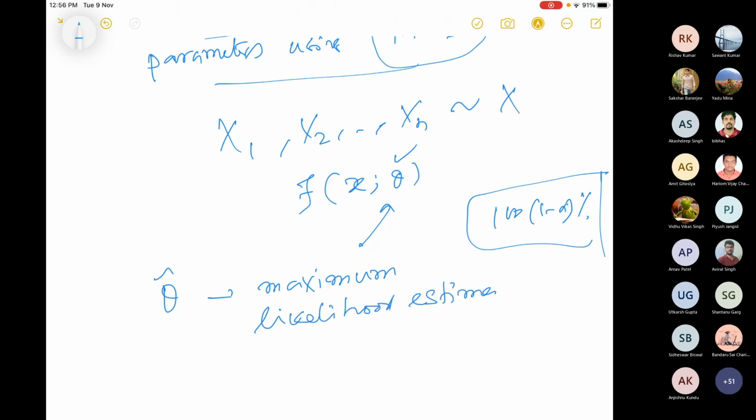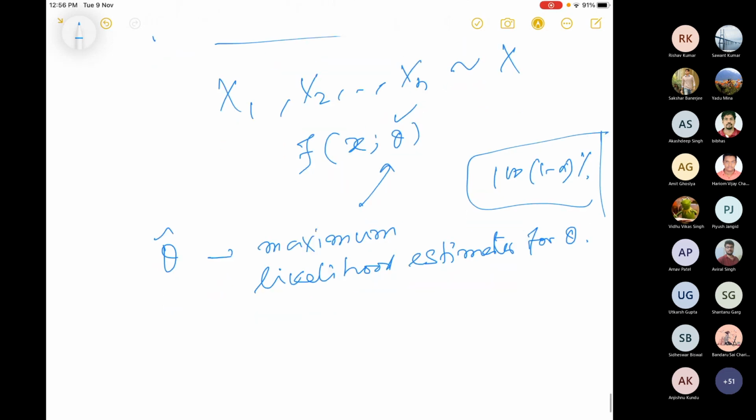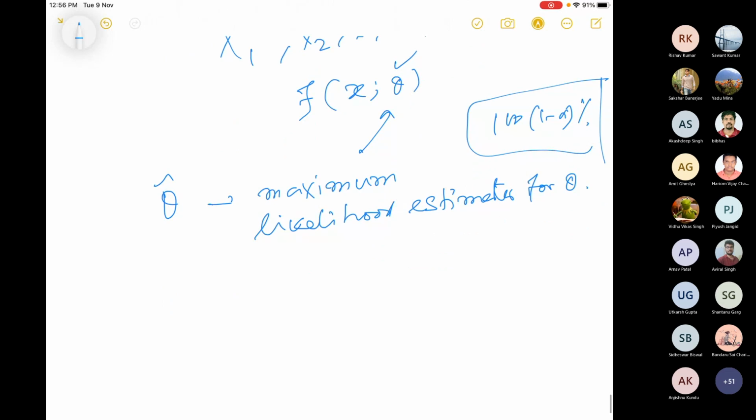Now, once we do that, then using the CLT again, we consider theta hat minus the expectation of theta hat. So this is a statistic, giving you a point estimator for theta.